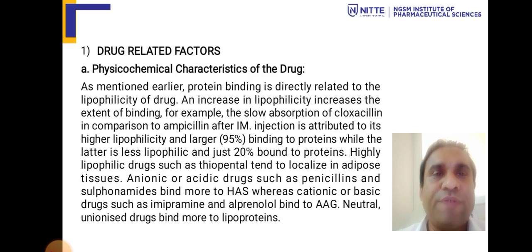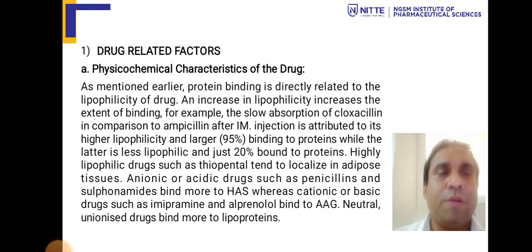Now coming to the first factor, what is a drug related factor? The first one in drug related factors, as we said earlier, is the physicochemical characteristics of the drug. As mentioned earlier, protein binding is directly related to the lipophilicity of the drug. An increase in lipophilicity increases the extent of binding.